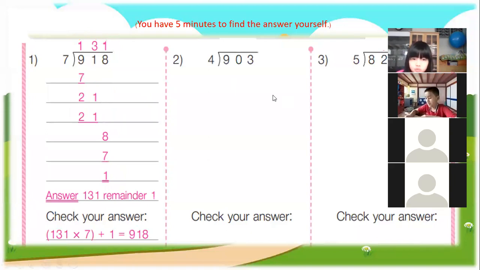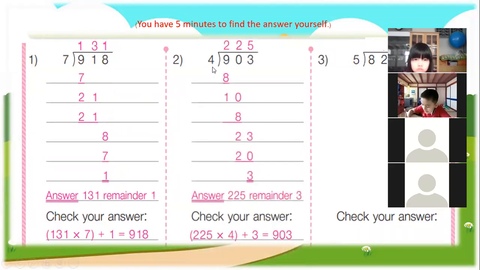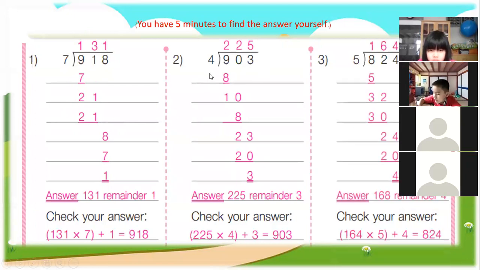Similarly, for question number 2, the dividend is 903 and the divisor is 4. Now look here. We're going to use the table of 4. 4 multiplied by 2 becomes how much? It is equal to 8.